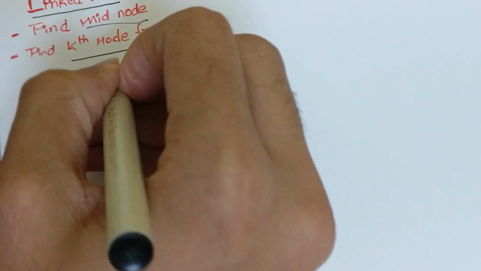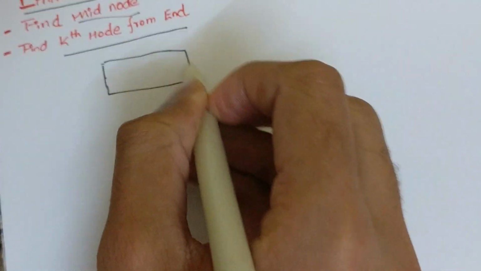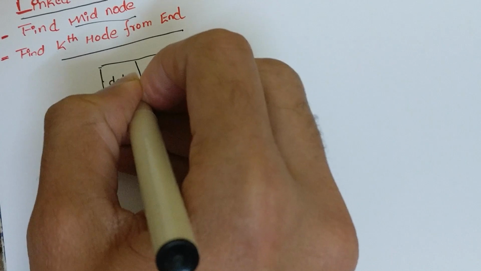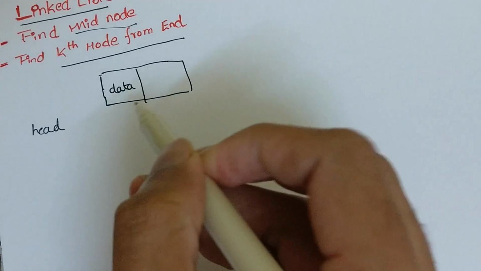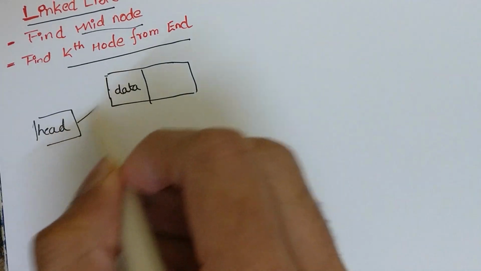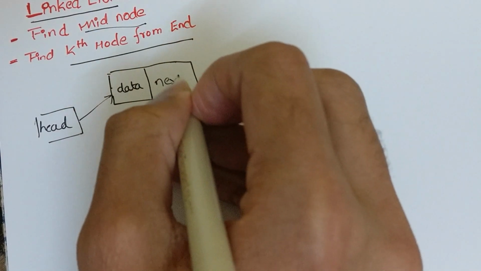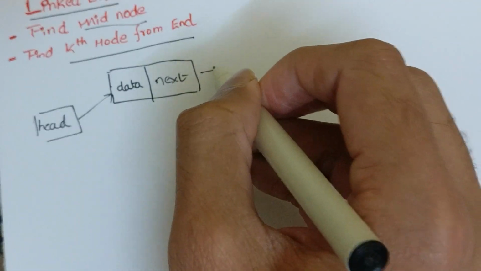Okay, so the linked list has two things. Every node will have data, and there will be one head node. This head node will be pointing to the first node, which will have data and a next pointer, or a reference, that will be pointing to the next node.